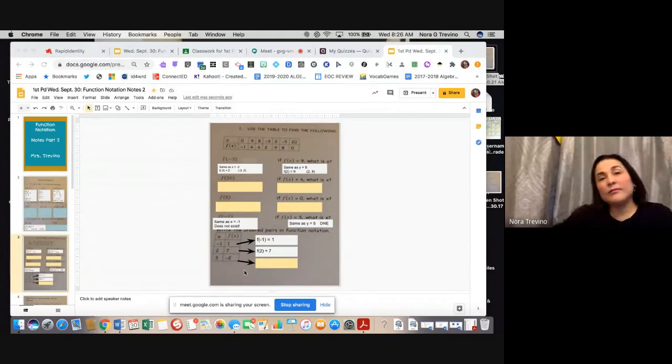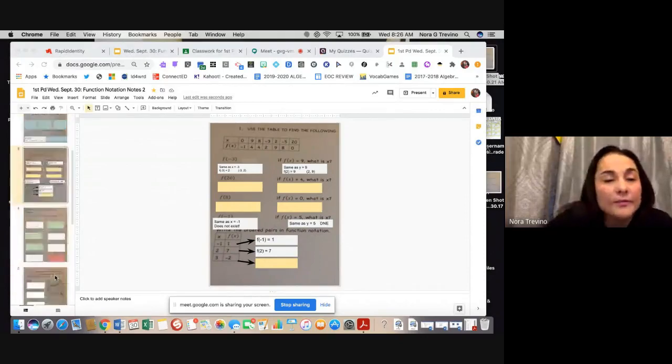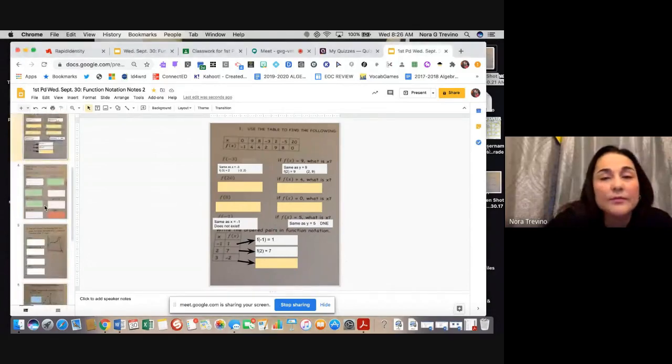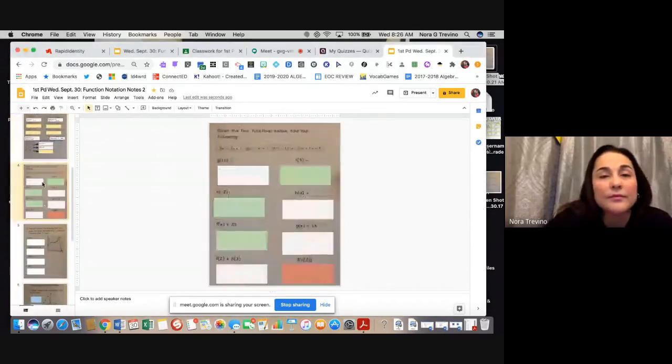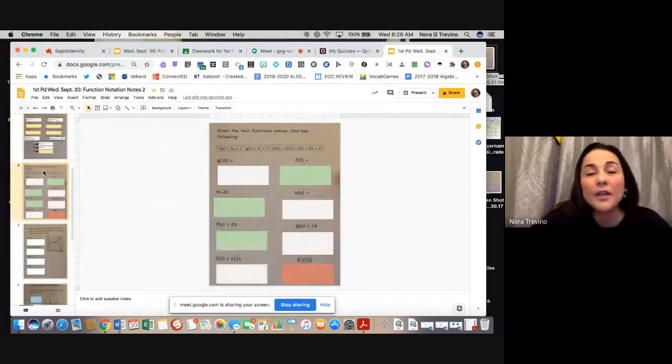Okay. Now we're doing the same thing we were doing in the first ones. They're going to give us some inputs. We're finding the outputs. Or they'll give us outputs and we find the inputs.